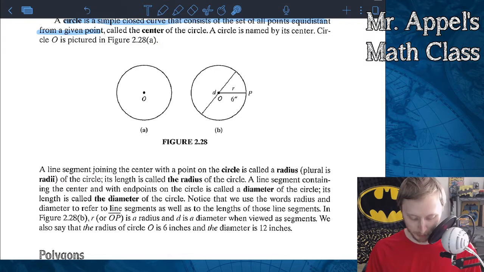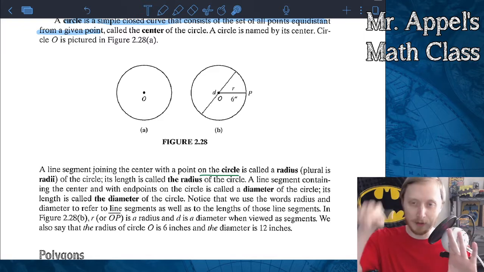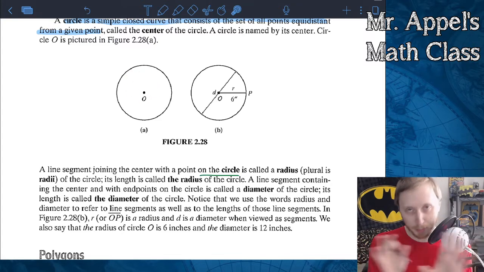Then we got special parts of the circle. A line segment joining the center with a point on the circle is called a radius. Ooh, on the circle. This is the circle. Everything in the middle is not part of the circle. The circle is only the figure around, it's only the edge, it's only the crust of the pizza. The rest of the dough and the cheese and the sauce, that area inside the circle is not part of the circle itself.